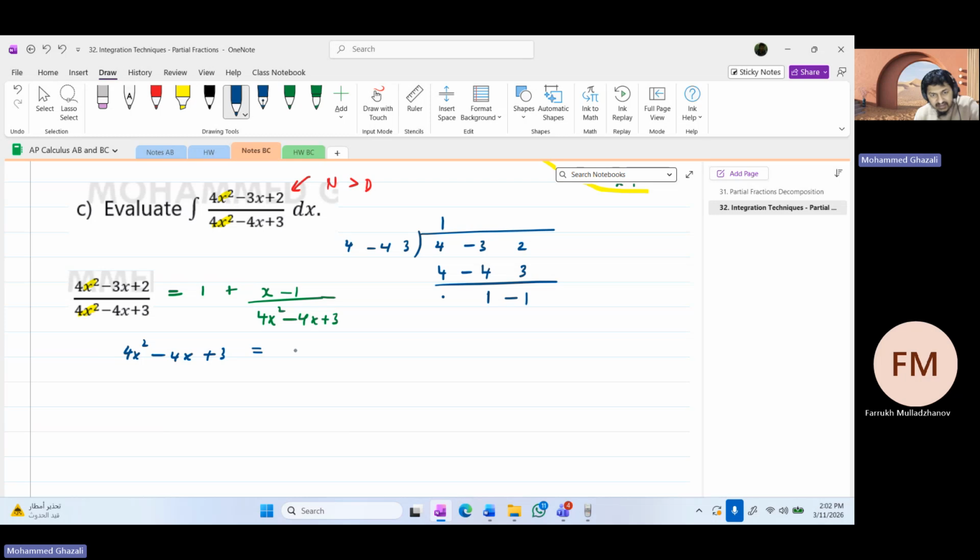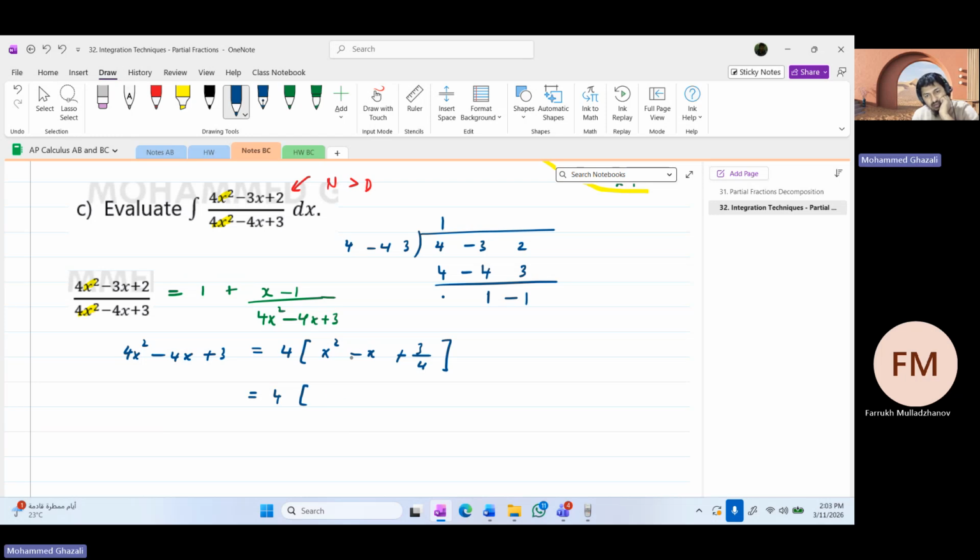Take out 4 as a common factor first. I'm left with x squared minus x plus 3/4, right? So we need to complete the square. Divide the coefficient of x by 2 and square it.